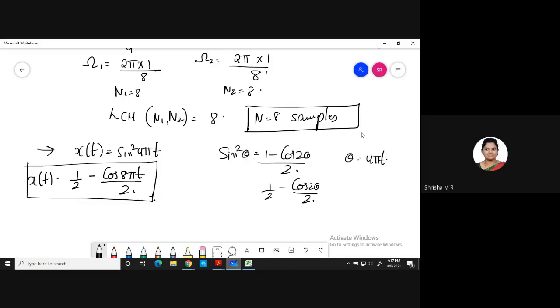Now we have x of t equal to half minus cos 8 pi t by 2. So this half is DC value. Or what is this? It's DC value or amplitude, right? So it doesn't have anything to do with the fundamental period. So calculate the fundamental period for this cos 8 pi t by 2.